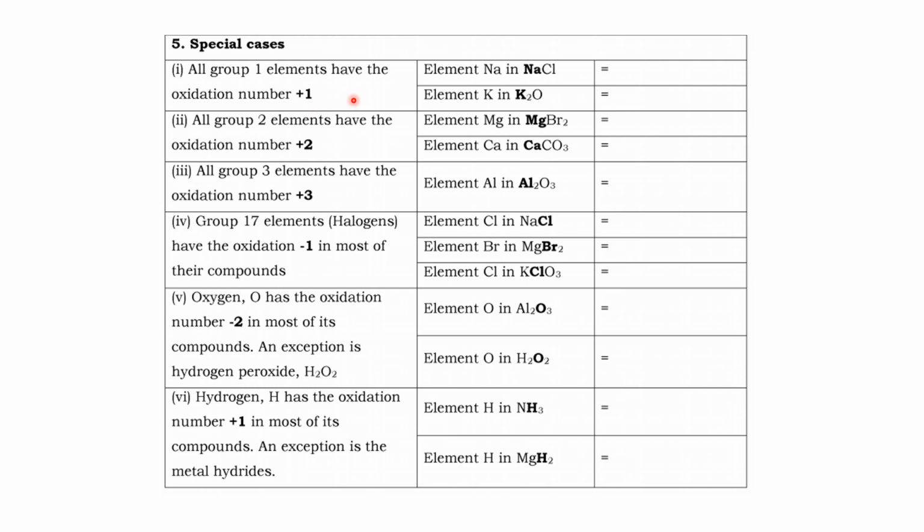All group 1 elements have the oxidation number plus 1. It means all elements in group 1 must donate 1 electron to become an ion and achieve a stable octet. So the oxidation number for sodium and potassium is equal to plus 1.